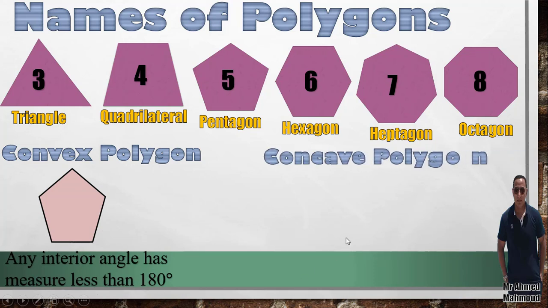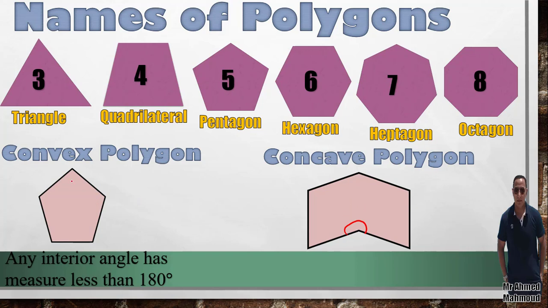But there is another type of polygon called the concave polygon. The concave polygon includes one or more angles more than 180. By looking at this angle, this angle is an interior angle and it is a reflex angle. That means its measure is more than 180. So this is a concave polygon.